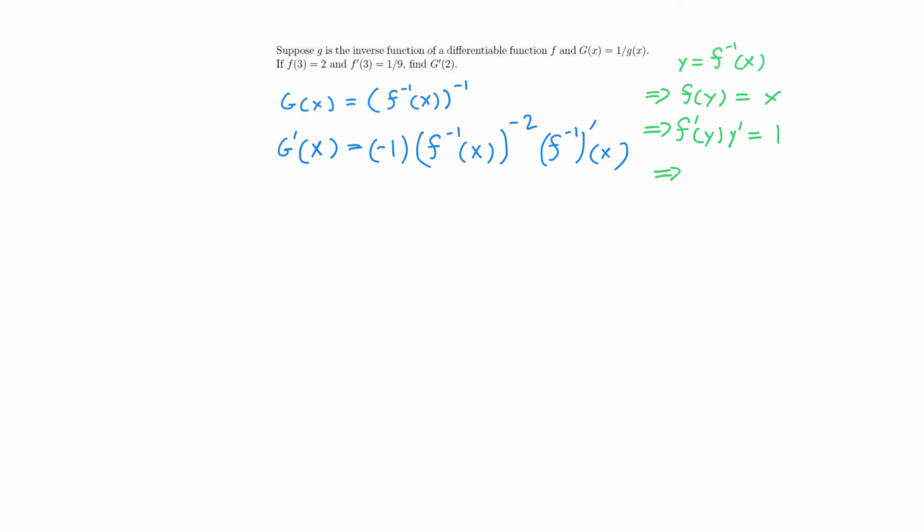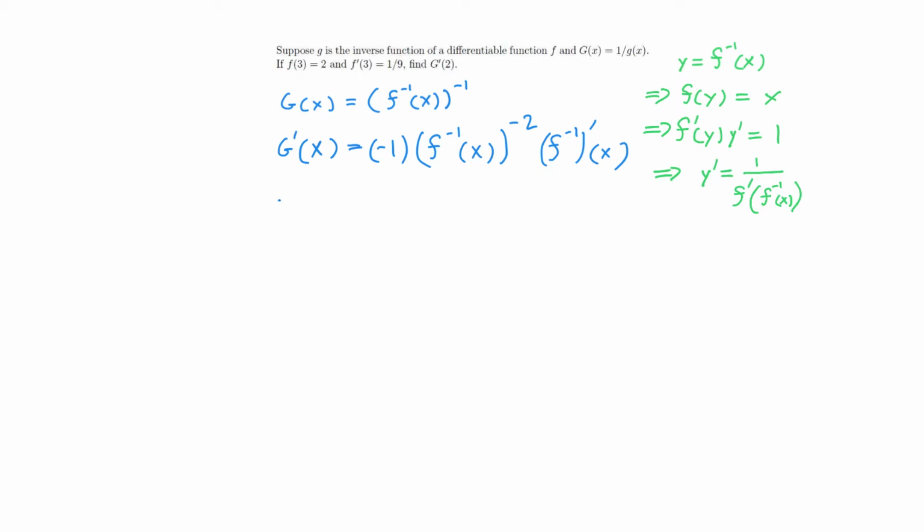So now solving for y prime, look at what we get. We get 1 over f prime of y, and y specifically is f inverse of x. So there's a nice little formula that we can use to deal with the derivative of the inverse.